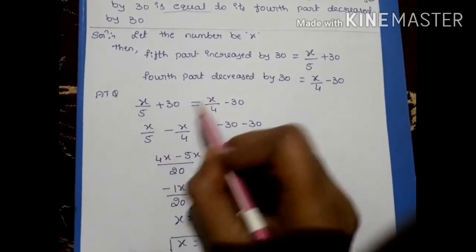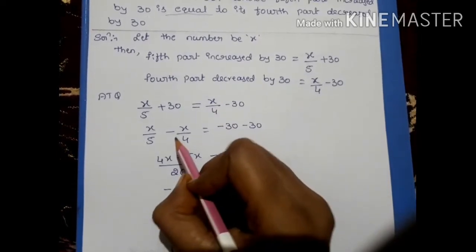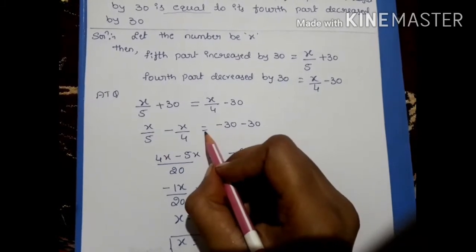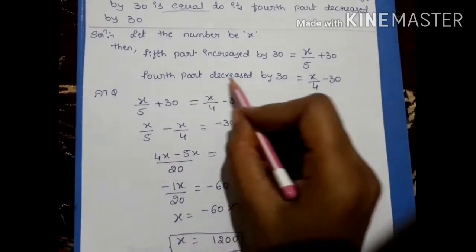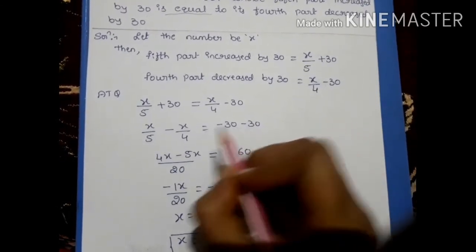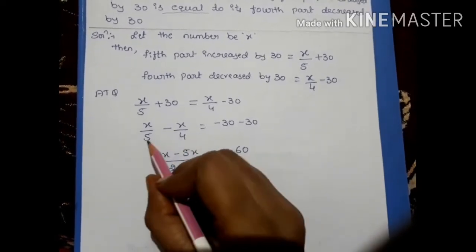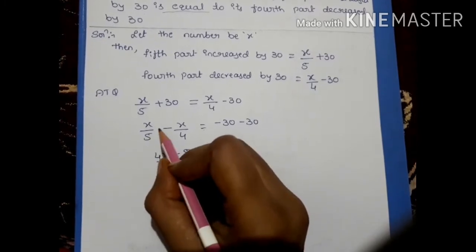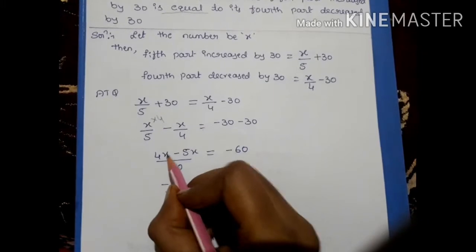x by 5 minus x by 4 in the LHS is equal to, in the RHS, write as it is, minus 30, and plus 30 when you take to the RHS converts to minus 30. Take LCM because here 5, 4, LCM is 20. 20 divided by 5, 4 into x, 4x.